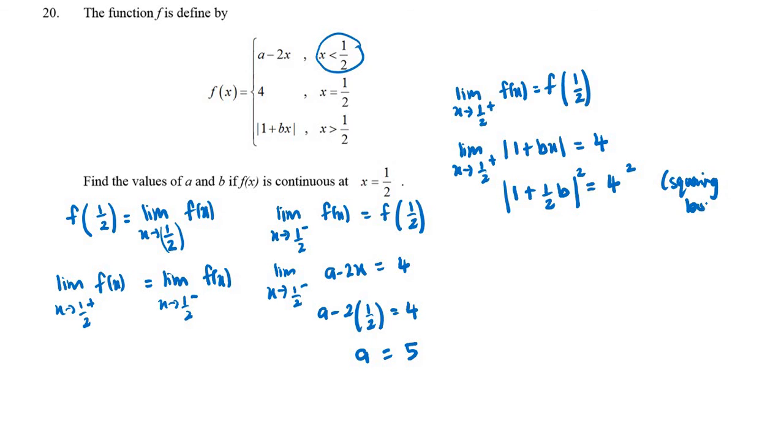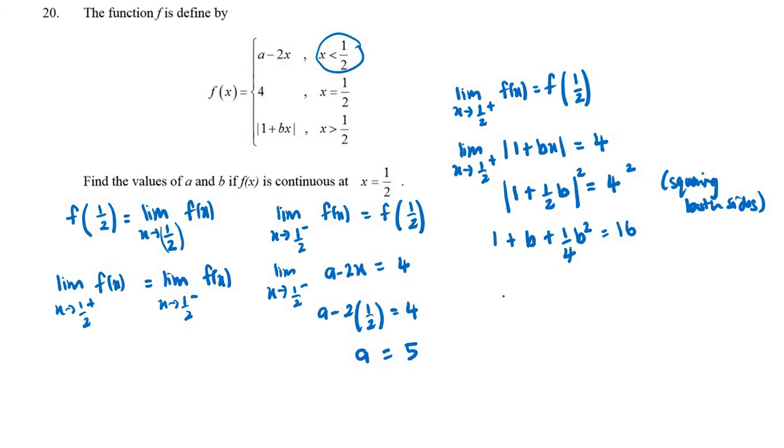When we square both sides, what we will have next is, after you simplify, 1 plus 2 times 1 times 1 over 2, that is b, plus 1 over 4 b squared, that is equal to 4 squared, which is 16.